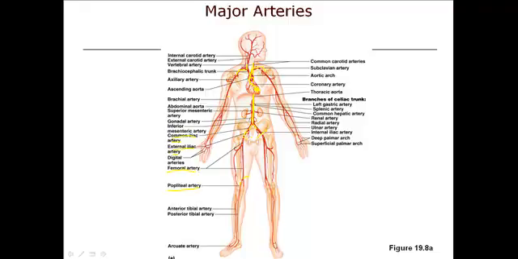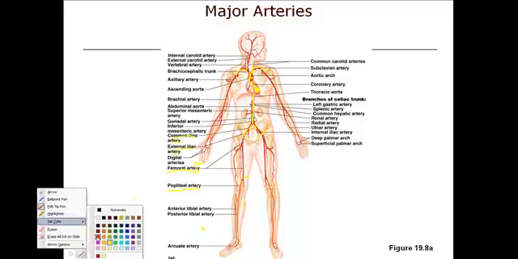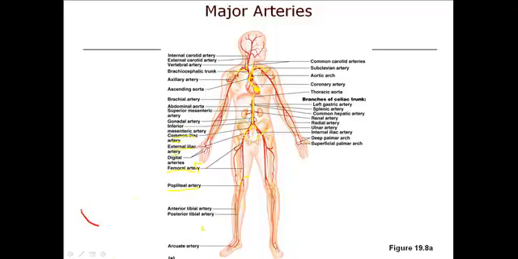So you can see the arms and legs better on a closer picture. But what I want to point out is, as the aorta comes out, down, and around, it has these three large branches. Number one is brachiocephalic. Number two is the left common carotid.